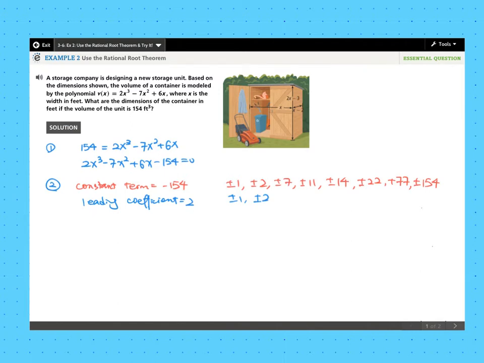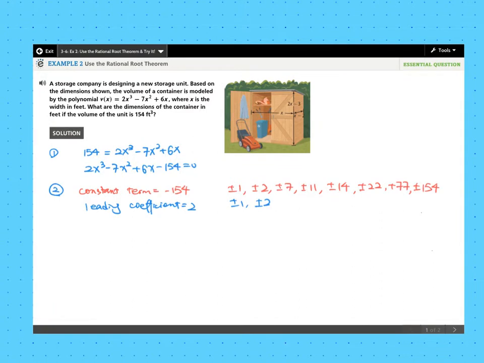And for us, probably the possible solution would be 11 over 2. That's from just graphing it in the calculator. So I have to verify whether 11 over 2 is the possible solution or not.